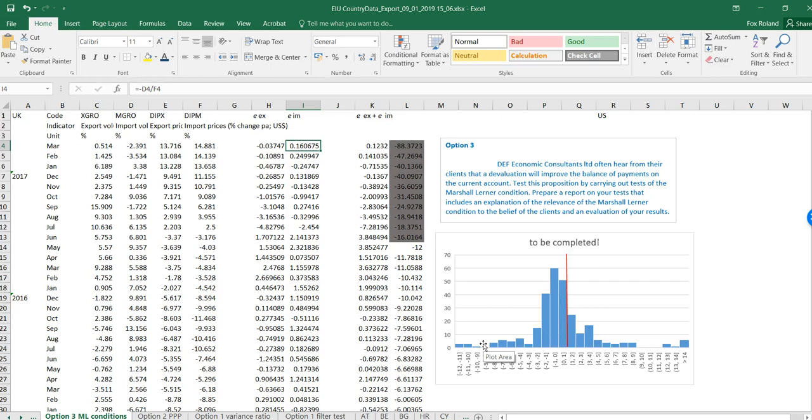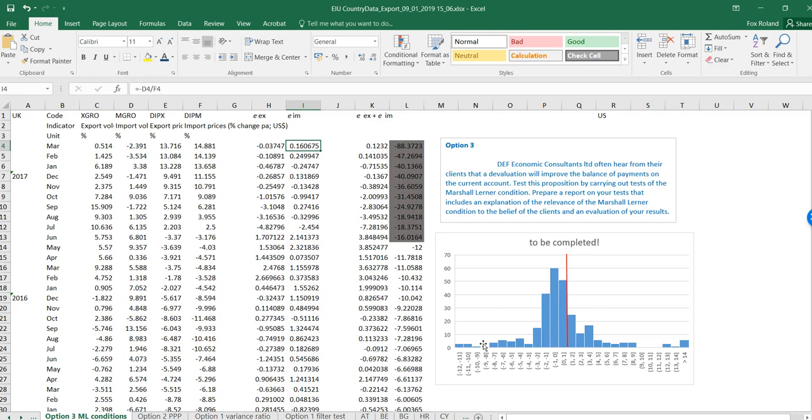In other words, the quantity of exports may go up, but not by enough, and the quantity of imports may go down, but again, not by enough. So it is relatively inelastic. Whether the problem is due mainly to exports or imports is a refinement that we don't go into here.